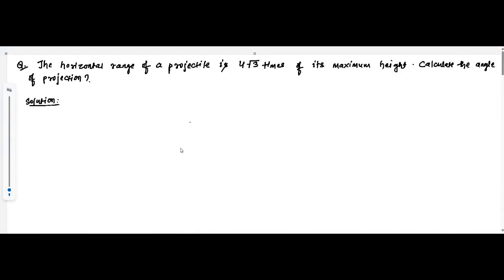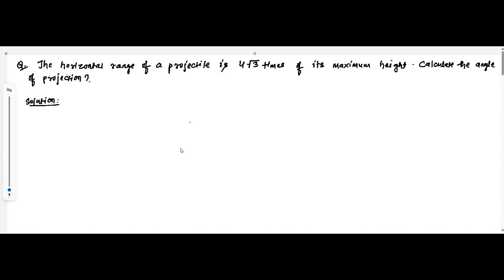So here is another question on projectile motion with angular projection. So it is given that the horizontal range of a projectile is 4√3 times of its maximum height. Calculate the angle of projection.